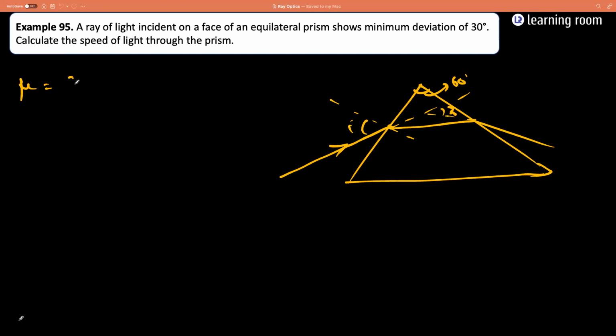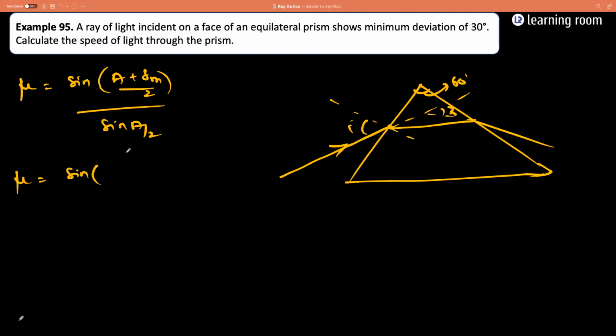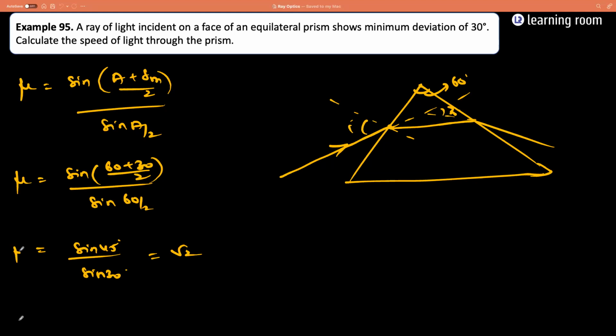Mu will be equal to sine of (A plus delta M) divided by 2, divided by sine A by 2. So mu is equal to sine of (60 plus 30) divided by 2, divided by sine of 60 by 2. That is sine 45 divided by sine 30, which will give you root 2.